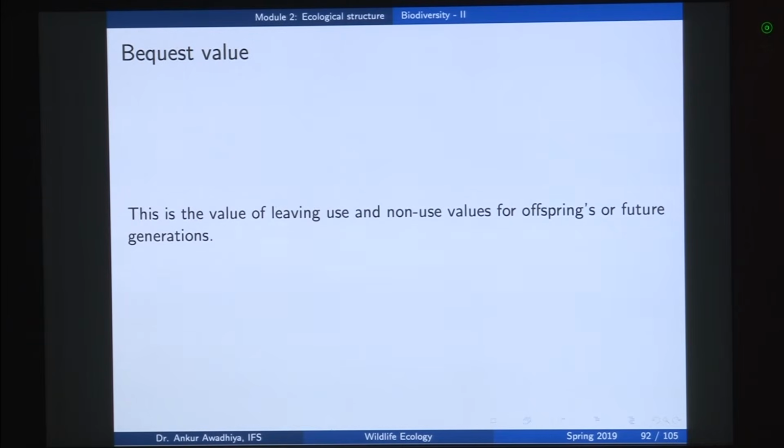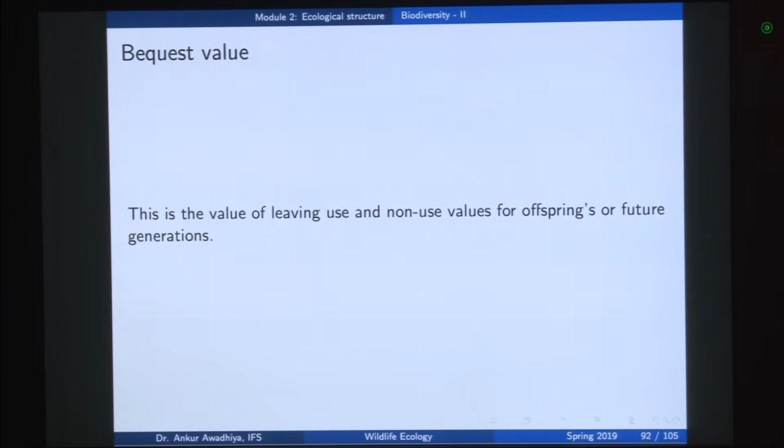So, now if we talk about the importance of biodiversity to all of us, we can count all of these different biodiversity and all of these values that we are deriving out of the biodiversity. So, for instance, Kanha National Park is providing a lot of direct values. For instance, people are going there and people are getting employment because of that.